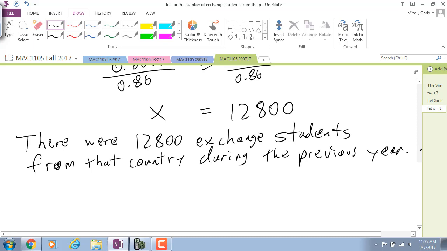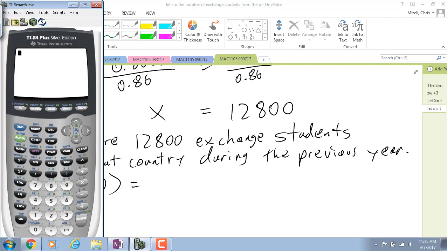If we take the 12,800 as a quick check here and multiply by 0.14, you see it's going to drop by 14%. What is 14% of 12,800? $1,792.